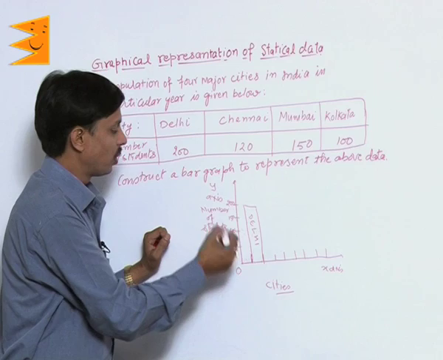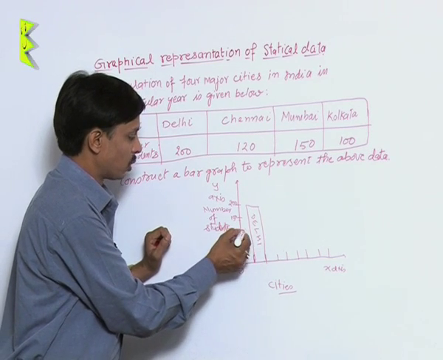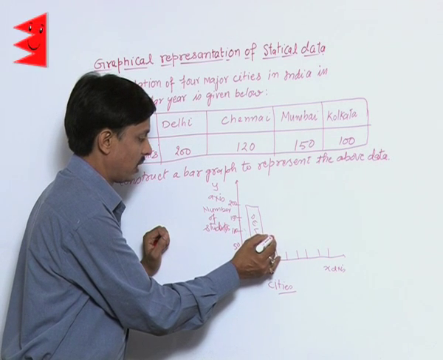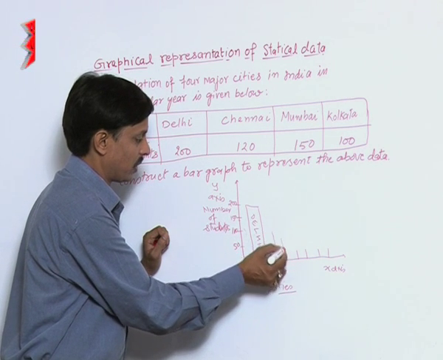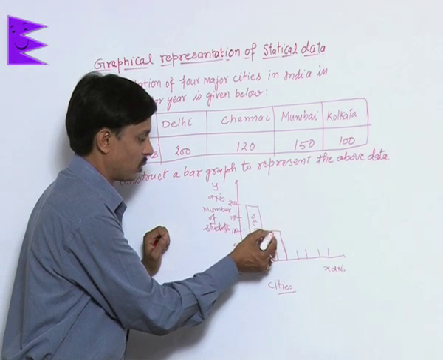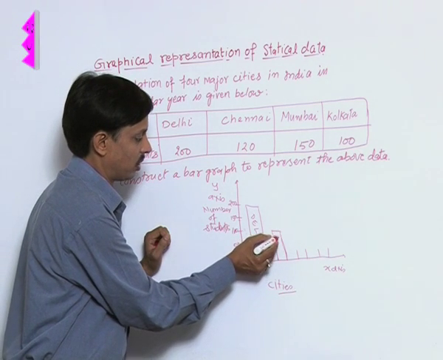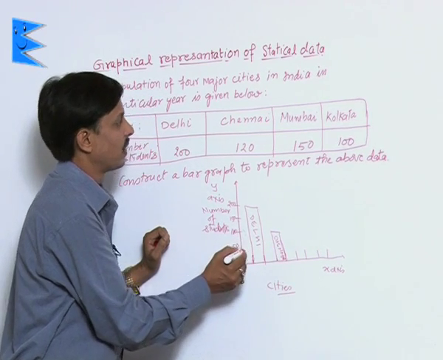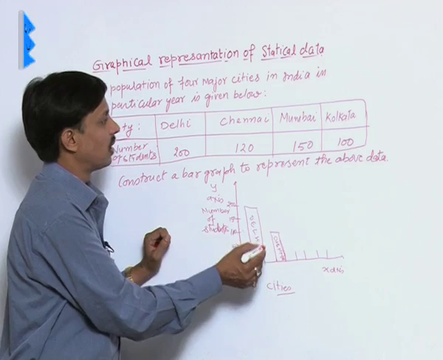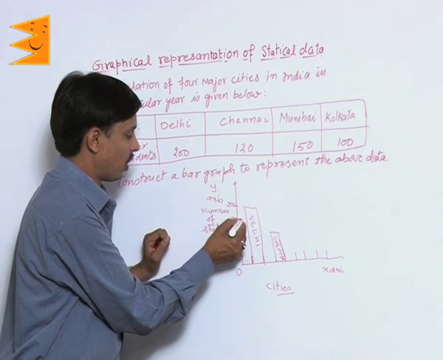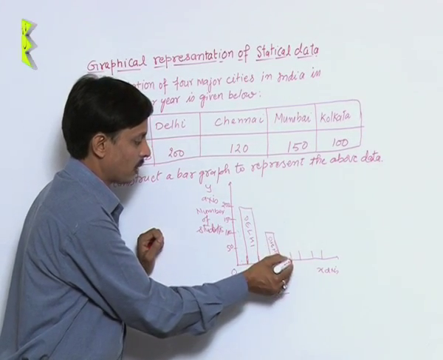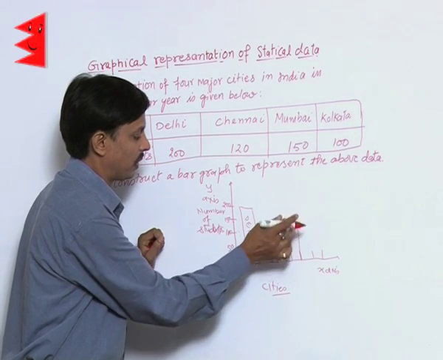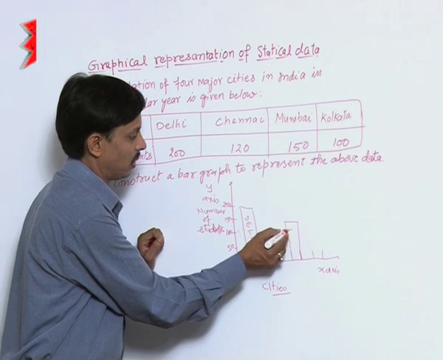The second bar, of Chennai, goes to 120. So this is somewhere past 100, and if I increase it in the ratio of 20, this will come out to 120, and this is Chennai. After Chennai, the third bar is for Mumbai, it is 150. 150 is exactly here, so this bar of Mumbai will go till 150, and we write Mumbai here.